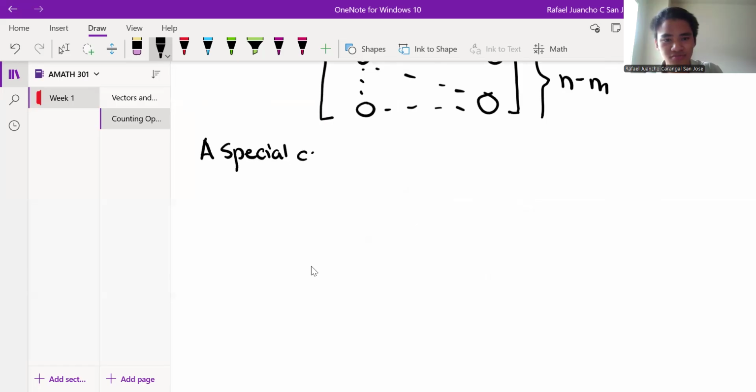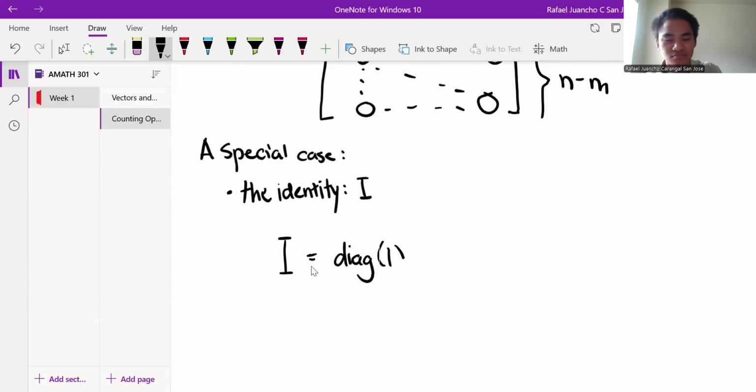Okay, another type of matrix that we will look at is the identity matrix. Let's denote that as the I matrix, because obviously I is identity. So I is just a diag one. Why is it a diag one? It's a diagonal matrix.